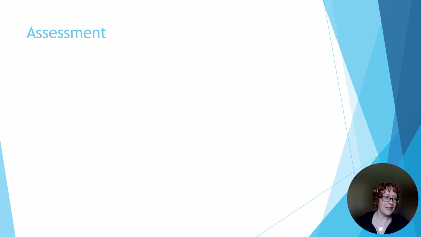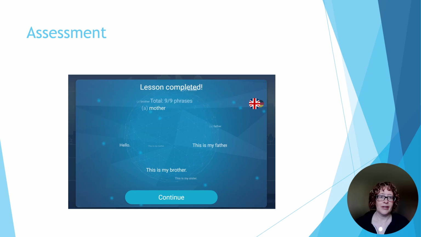And then assessment. So how did they assess whether you learned it or not? This was kind of cool. So they had all of these practice checks, like the types I showed you. And then at the end, they not only told you, hey, yay, you completed the lesson, but they also showed you and read all of these phrases that are floating around on the screen, which I thought was very clever.